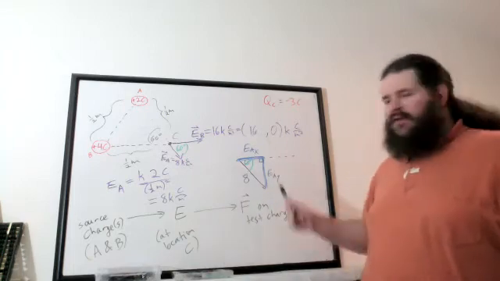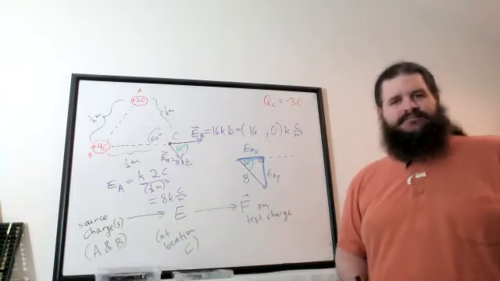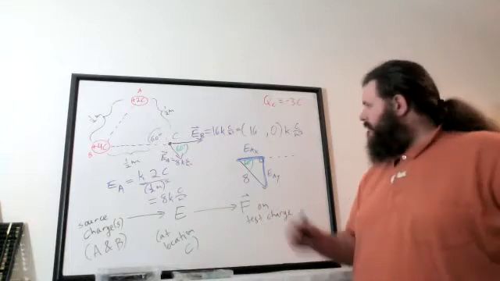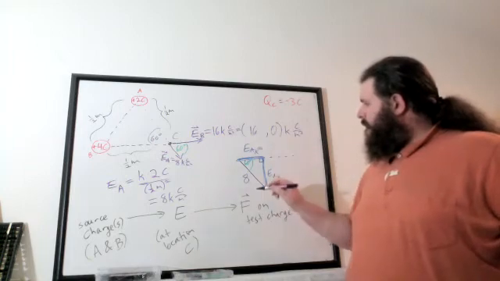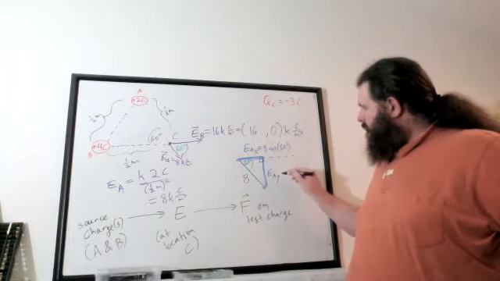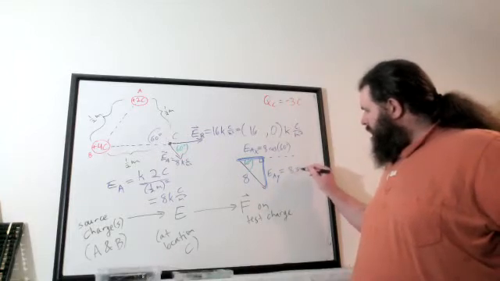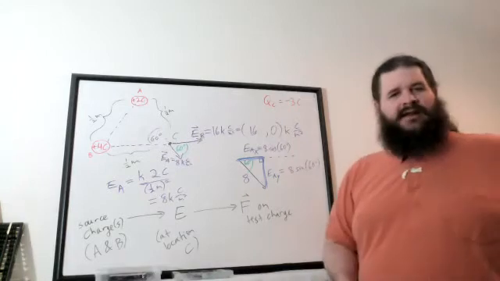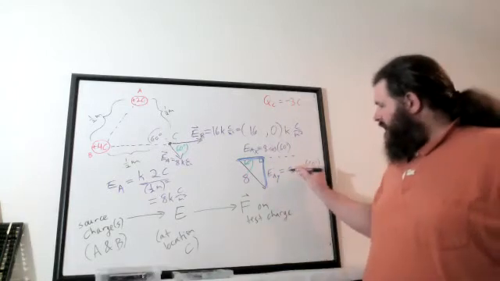So how do we find these side lengths? Would the X component be 8 cosine 60? And then the Y component would be 8 sine 60. And we've got to be careful about positive and negative. Yeah, since this is downwards, we treat that as negative.